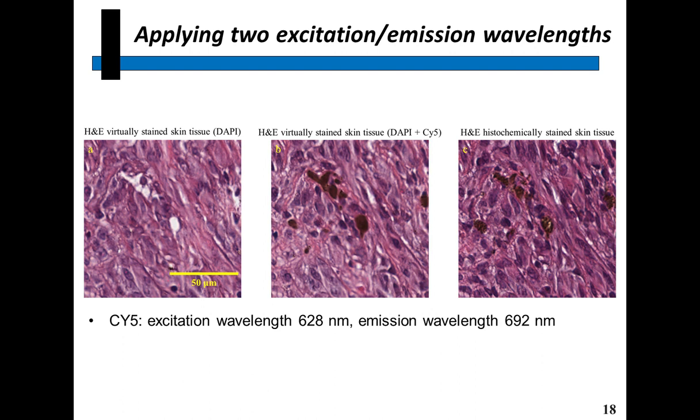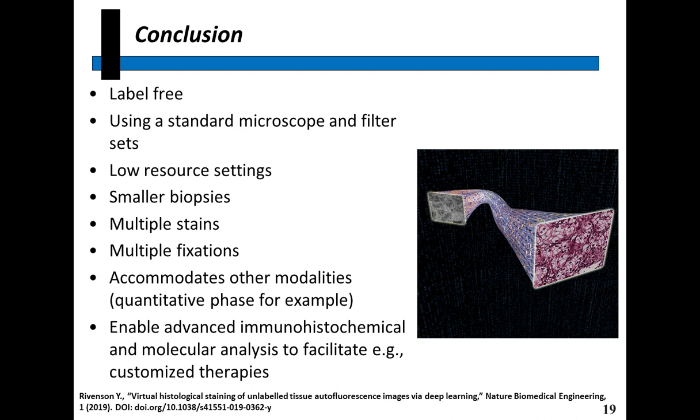But when we added a low resolution scan with another wavelength, again, everything is auto-fluorescence label free, we were able to reconstruct that melanin faithfully. So this is one of the ways for us to try to add more information, if necessary, to this virtual staining framework.